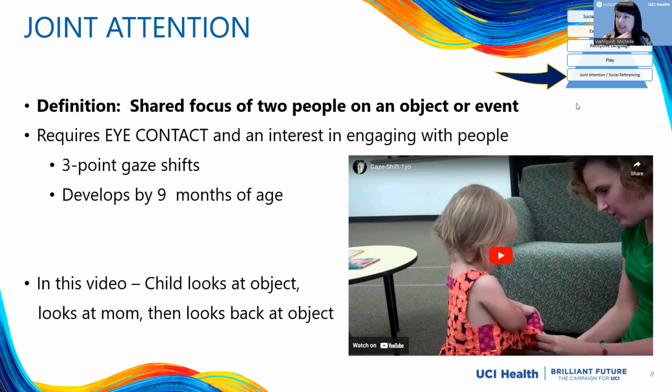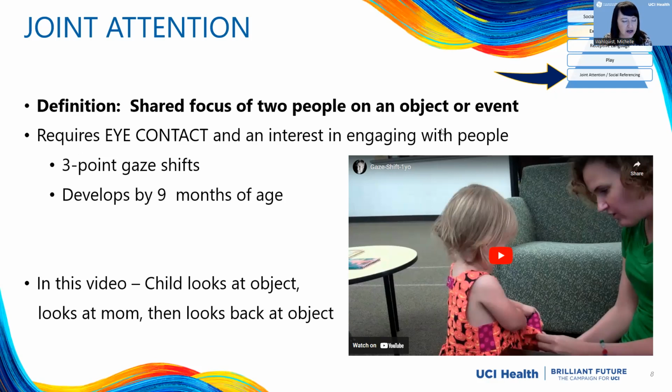They're missing their parents' facial expressions. They're missing their parents' gestures when they're communicating. They may not be totally focused on the words their parents are using. So at the very foundation of language is increasing a child's use of eye contact, particularly 3-point gaze shifts, which is a really social use of eye contact.